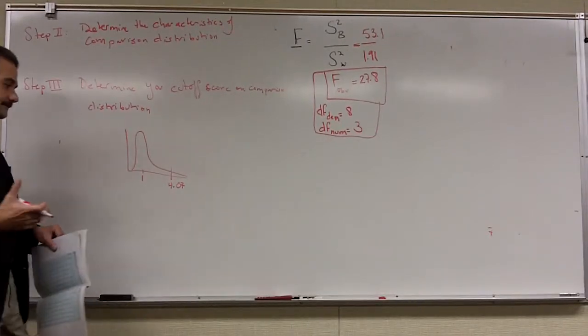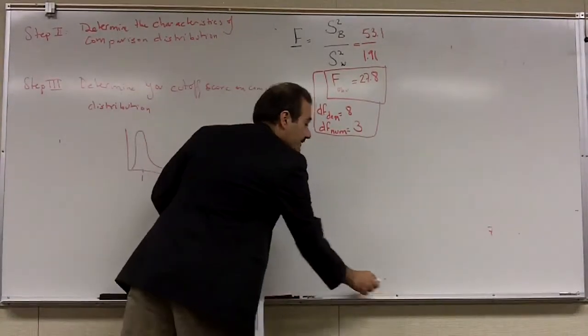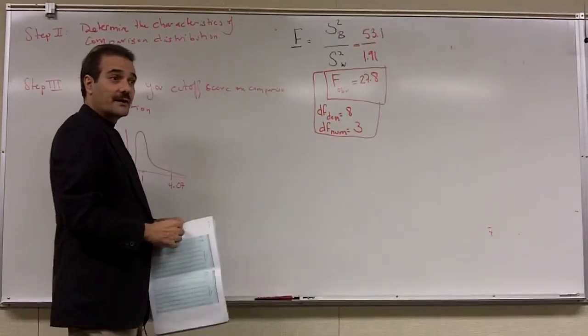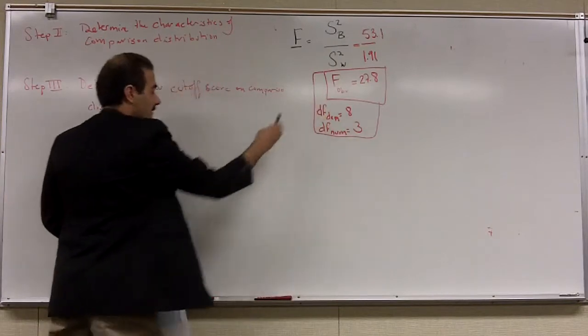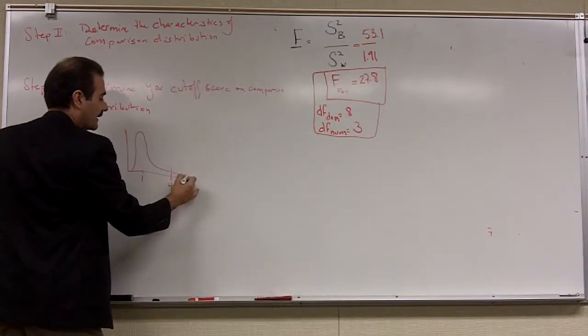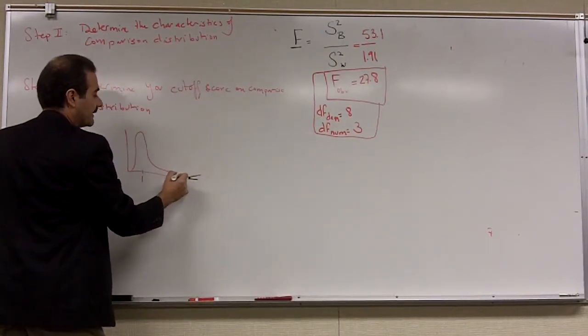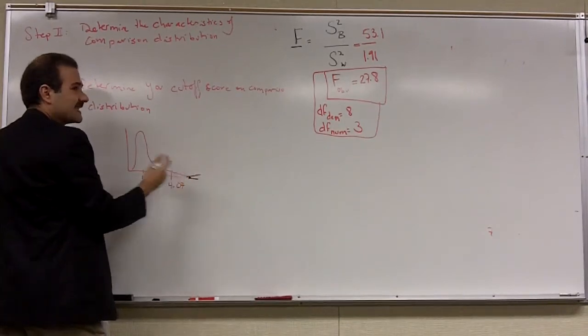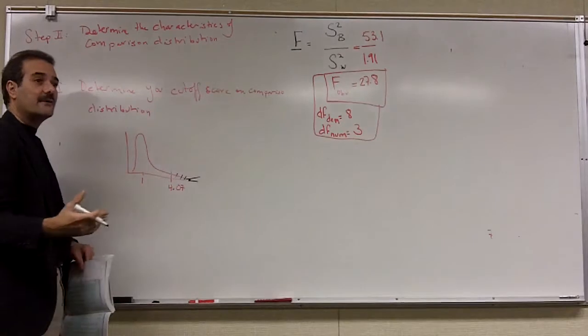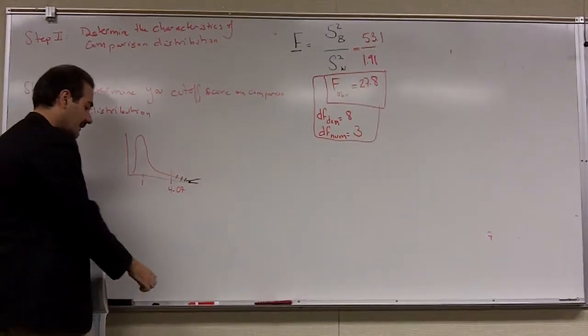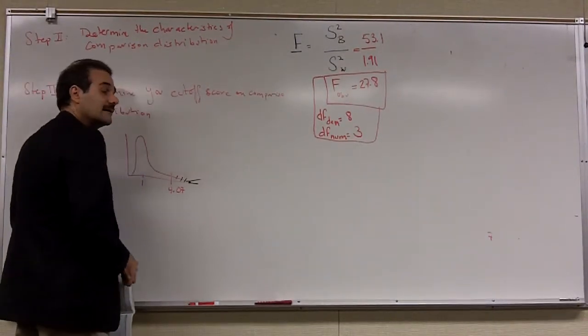Step number 4 is determine your own score on the comparison distribution. And you would say, oh, it's 27.8, so it's somewhere out in the periphery here. So this is extreme enough that we can reject the null. Step number 5, decide whether to reject the null or not.